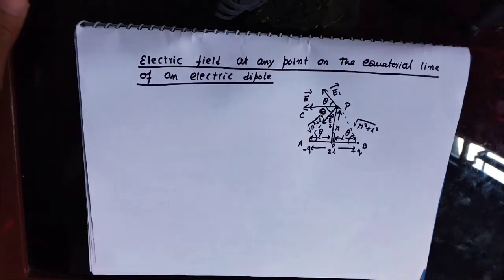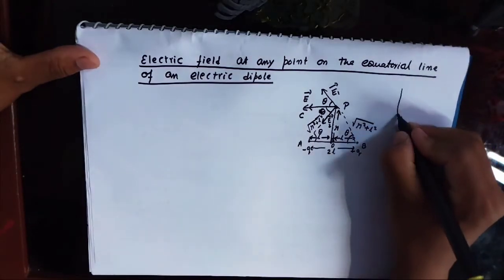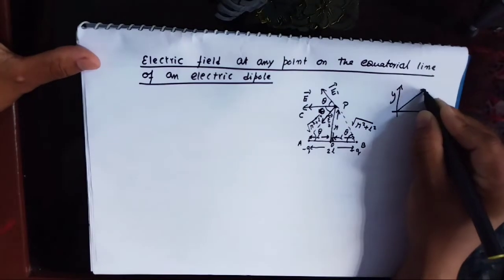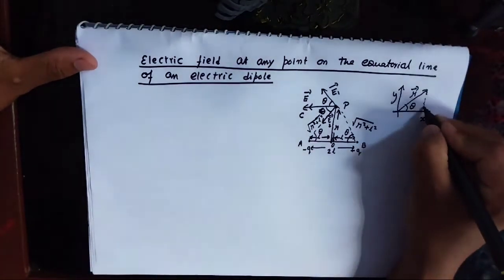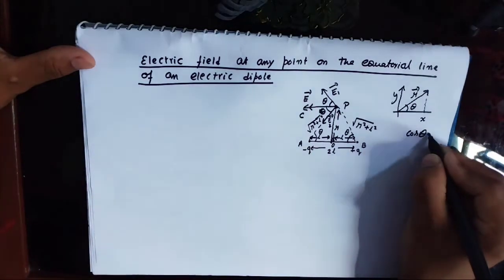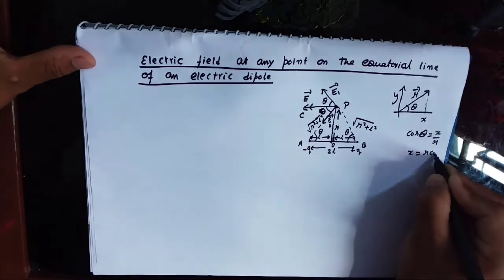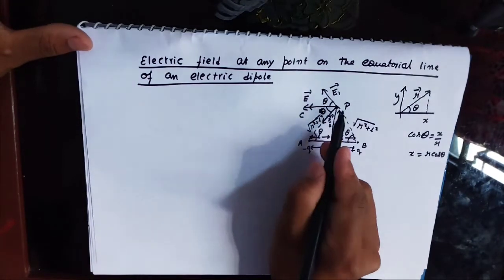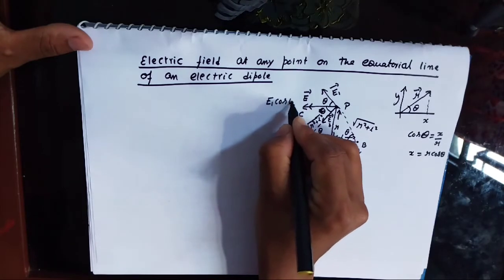So now we can resolve E1 along PC. We have learned earlier that if this one is X and this one is Y, and if this one is a vector R, and if this one is theta, and I drop a perpendicular like this, I can write cos theta is equal to X by R. So X is R cos theta. Similarly here, what is the component of E1 along PC? It will be E1 cos theta.